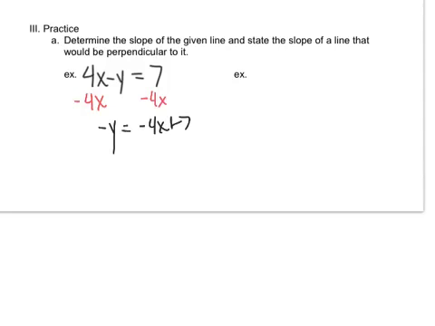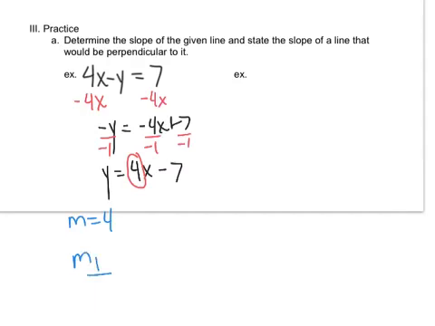I have to make my y positive, so I'm going to divide every term by negative 1, and I get y is equal to 4x minus 7. My original slope is the coefficient in front of the x term, so my original slope is 4, and my perpendicular slope is going to be negative 1 over 4.